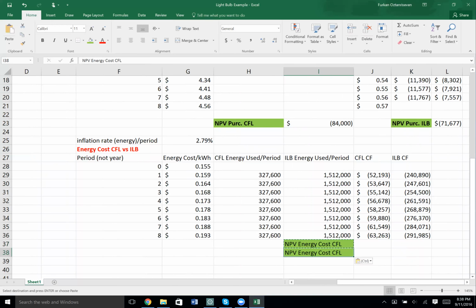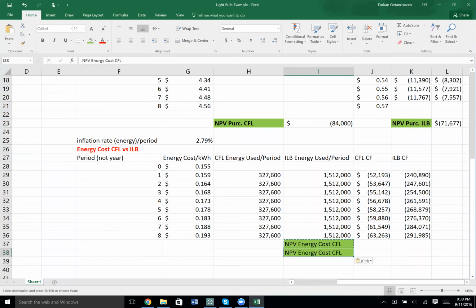And ILB. For CFL, I can use the NPV function that we covered in the class. I can choose all the cash flows, but first I need to choose my rate. As you can see here, my discount rate is, as we calculated before, 6.53%.